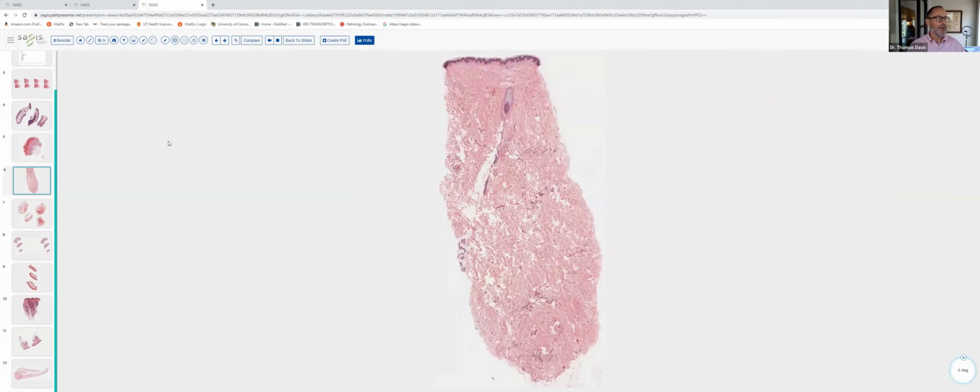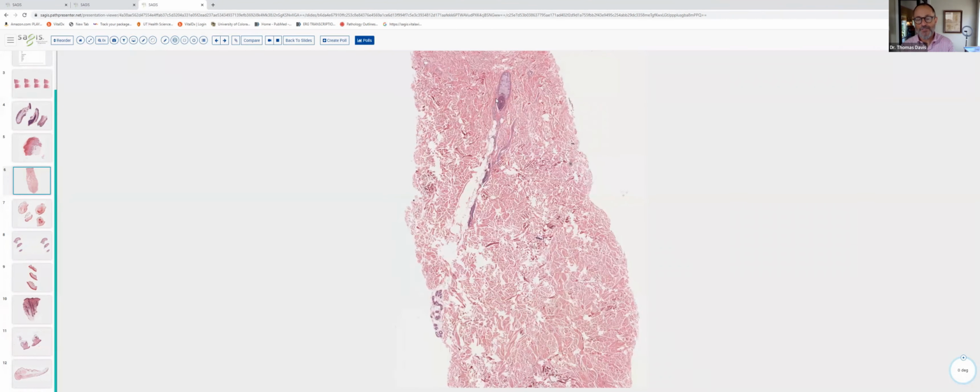Moving on to our next case, slide number 4. This actually was a punch biopsy from the back, but really one cannot distinguish trunk or proximal extremity from one another. So looking at a biopsy, you can't tell whether it's from the chest, the back, the proximal upper arm, or the proximal lower leg. All those sites are characterized by a very thick dermis and a relatively low concentration of follicular and sebaceous glands.